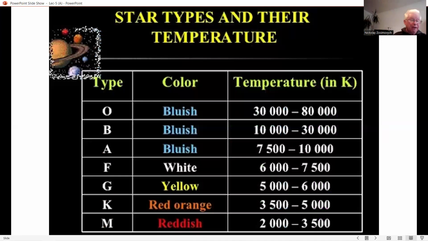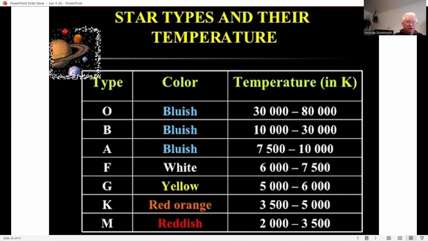These molecular bands appear only in the spectra of the coolest stars, because molecules in cool stars are not subject to the violent collisions that would break them apart in hotter stars.